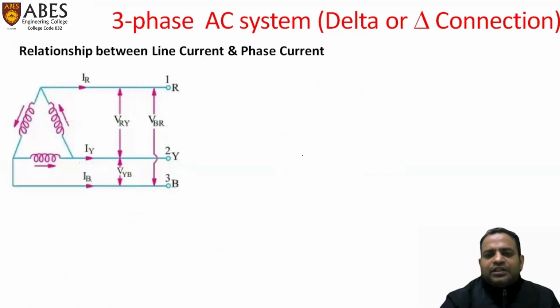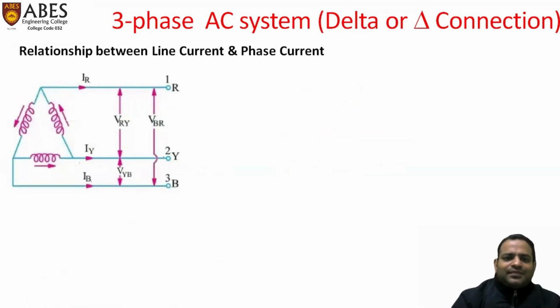Now we can find out the relationship between the currents. These are our three currents. This is our R point, this is our Y point, and this is our B point. This is IYR, this is IRB, and this is our IBY.